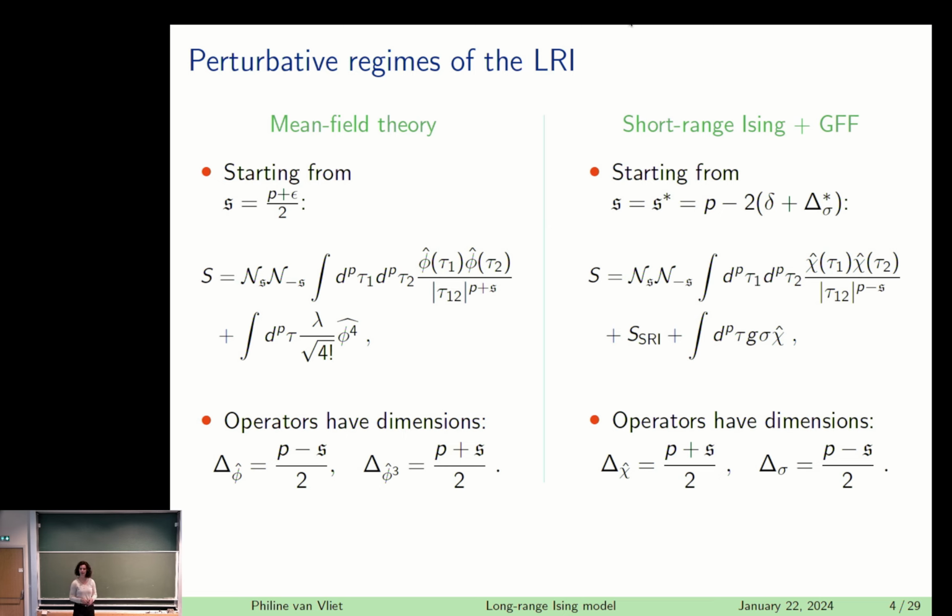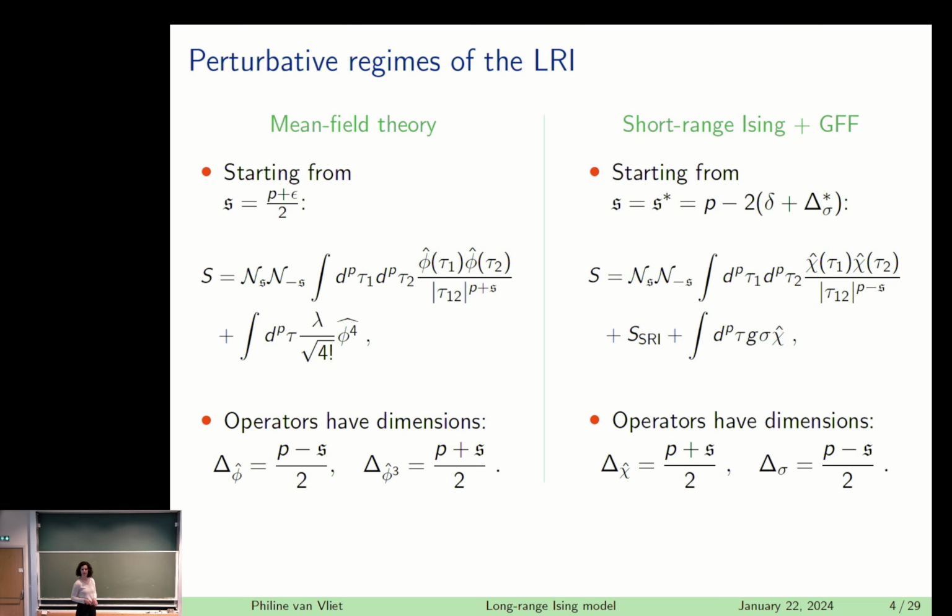Is the integral for tau 1 goes to tau 2 convergent? I think so, yes. Why would you say it's...? You have a denominator, the distance between these two fields, in the power, which matches the dimension of the space-time.